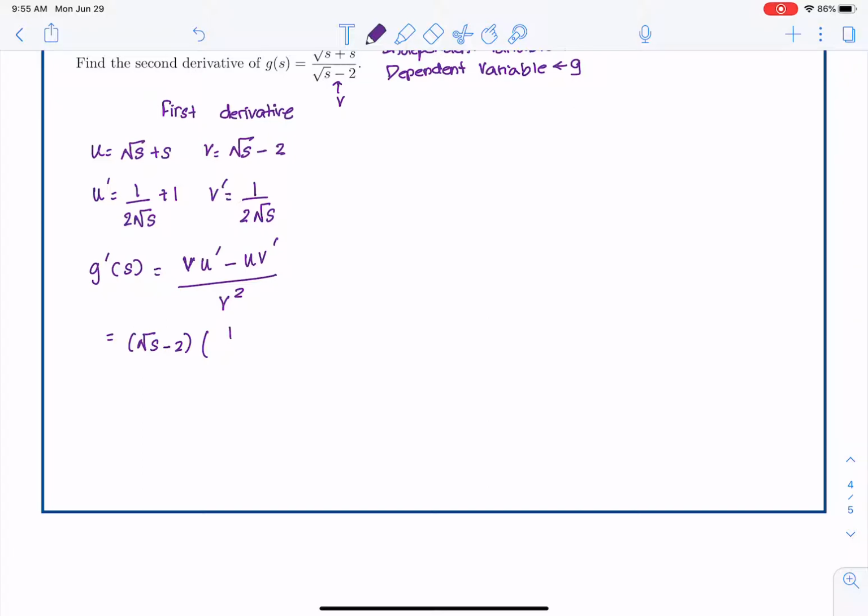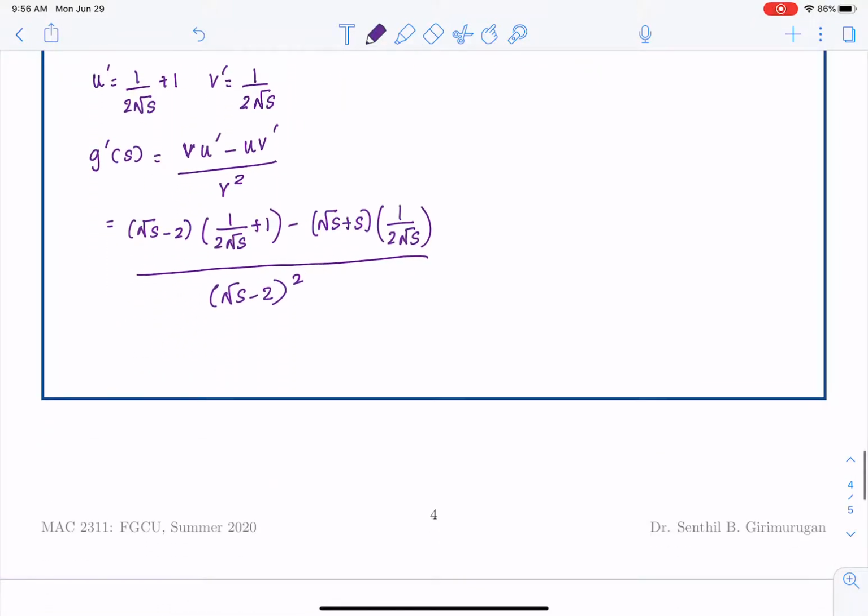U prime is 1 over 2 times square root of s, plus 1, minus u, square root of s plus s, times v prime, which is 1 over 2 times square root of s, divided by v squared. It is best to simplify in this problem, or else it is going to turn into a mess.